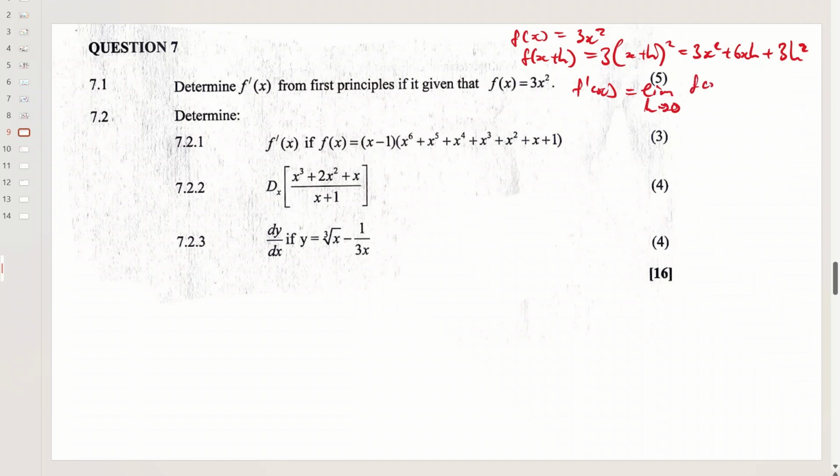So by now you understand what's really happening here. So this is the limit as h approaches 0 of 3x squared plus 6xh plus 3h squared minus 3x squared.